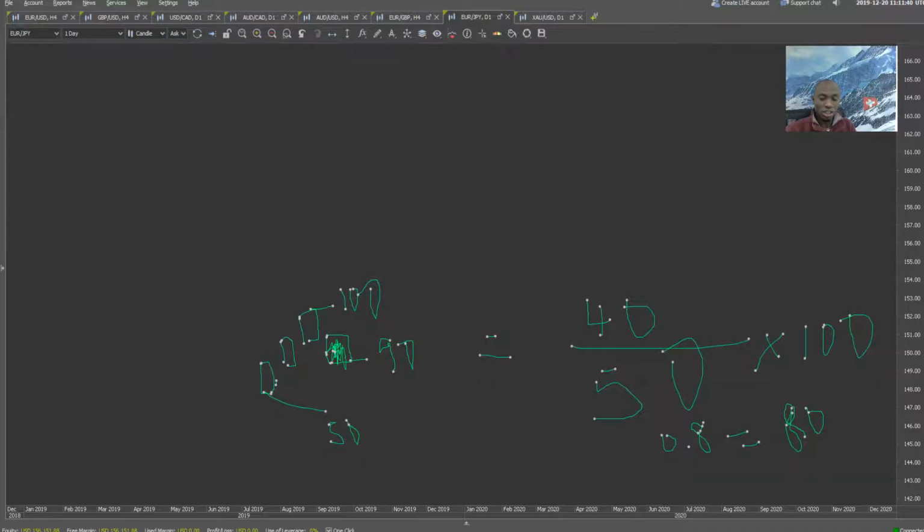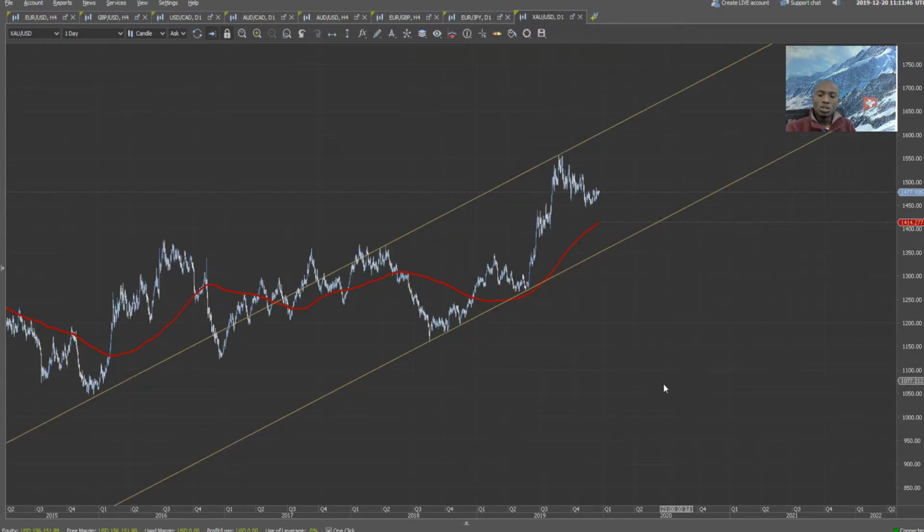Let me just jump to the charts. Close this stuff. I'll use gold as an example. Number one, if you want to use stochastic indicators and you want to get it accurate, I will not just tell you that with the stochastic indicator, when it's overbought you want to sell, and when it's oversold you want to buy.